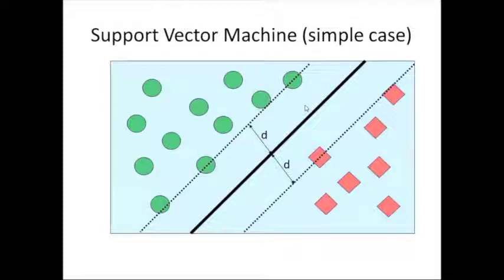A logical, very clear approach is to try to find a line that makes the gap between classes as wide as possible. And it turns out that this line can be found in a relatively simple algorithmic way.